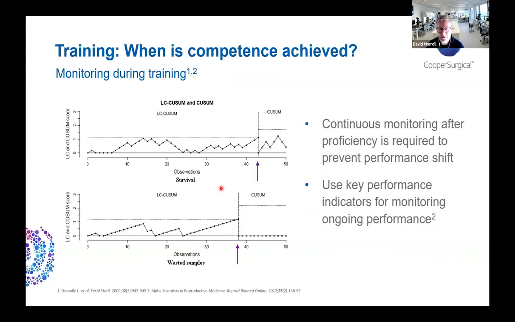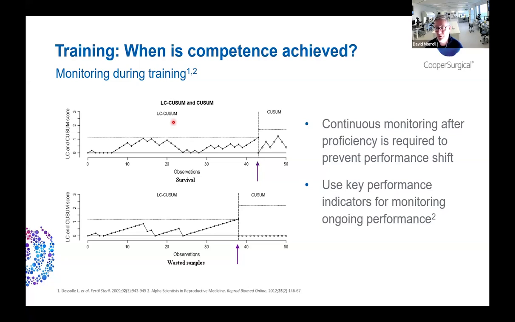We can also use KPIs to support our training. This is the use of what's known as cumulative summation and learning curve cumulative summation charts that are used in this case for training of vitrification. And essentially it's a method of mathematical modeling, not easy to say, mathematical modeling that allows you to look for acquirement of proficiency.